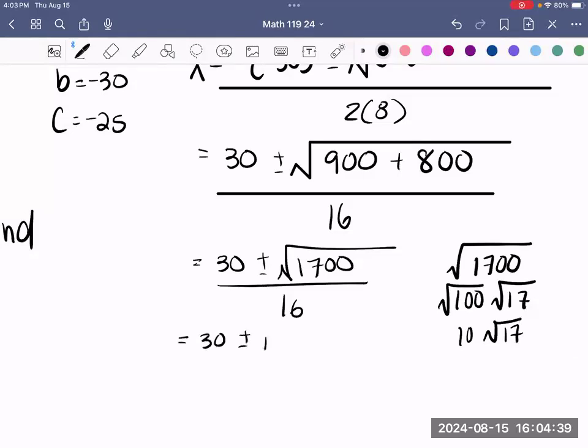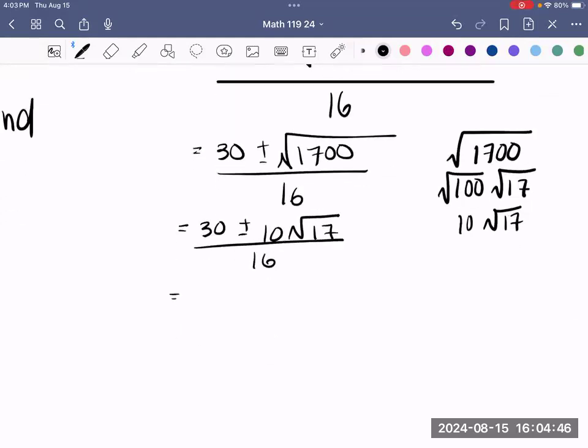Plus or minus 10 square root 17 over 16. What do all of these have in common? Well, they all have a 2 in common. So this is 15 plus or minus 5 square root 17 all over 8.